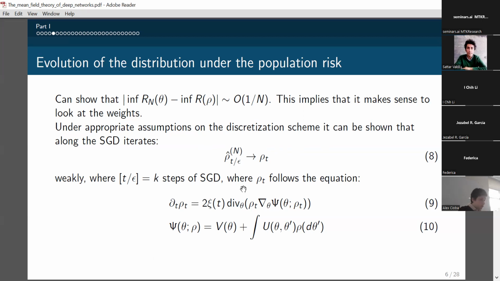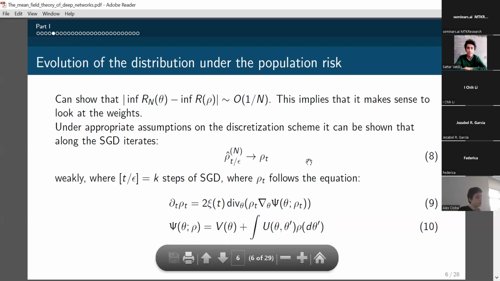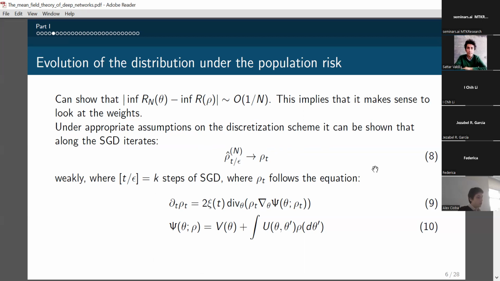If you look at this, it's very similar to an equation that I hope we'll recognize shortly. However, it's important to look at noisy SGD actually before this connection becomes elucidated.